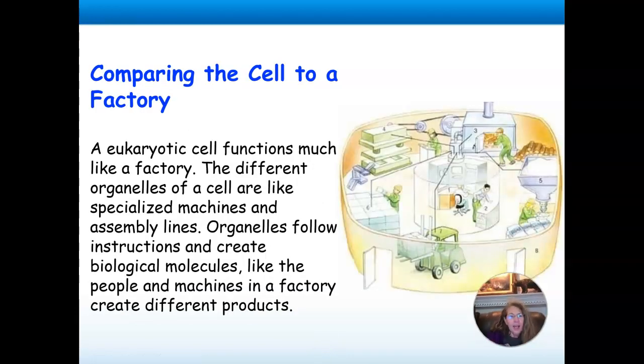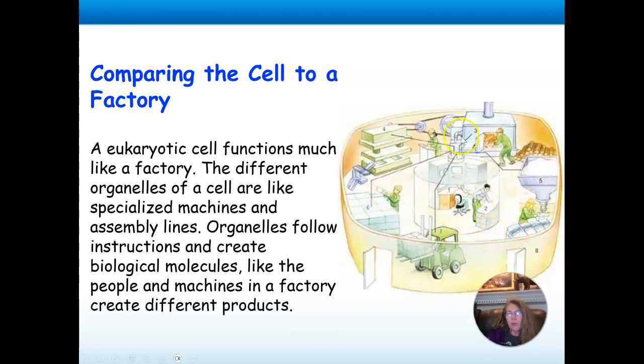A lot of times, teachers will have kids come up with analogies for the cell and its organelles. So I want you to think about the cell. Oh my goodness, every time I start these videos, I have to yawn like crazy. I want you to think of the cell as a factory. You can see in this picture here, all these little pictures have numbers on them.